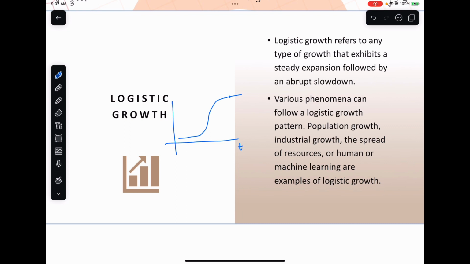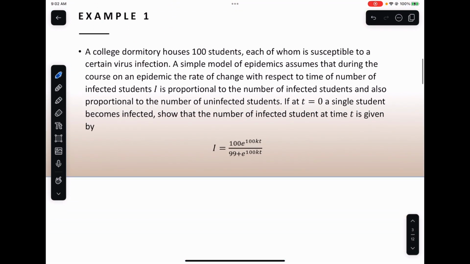For a logistic growth, there is a gradual increase for some time, then an abrupt increase until it reaches a certain point, which is the carrying capacity, and it maintains that value and doesn't change anymore. So let's have an example pertaining to logistic growth.